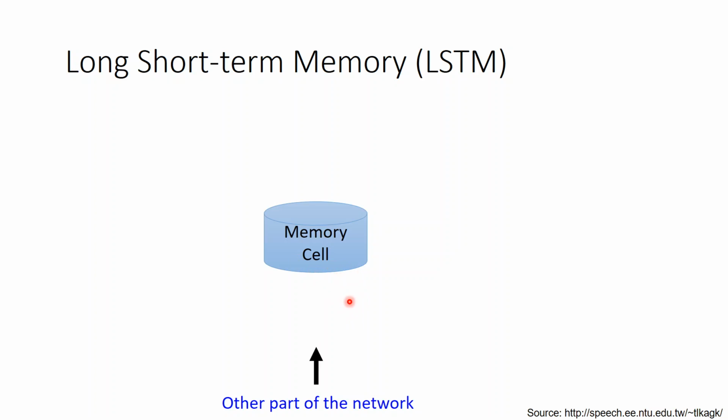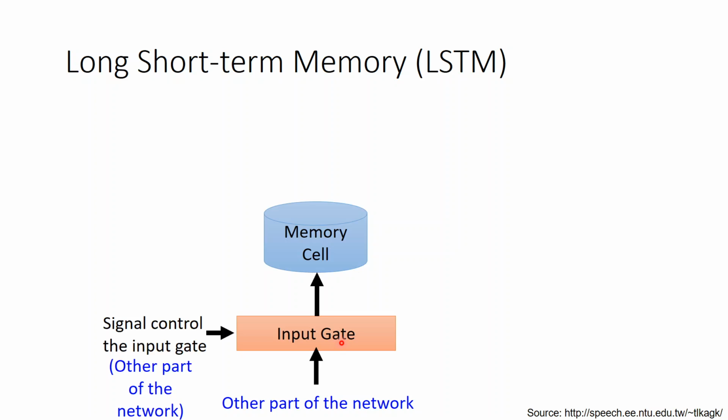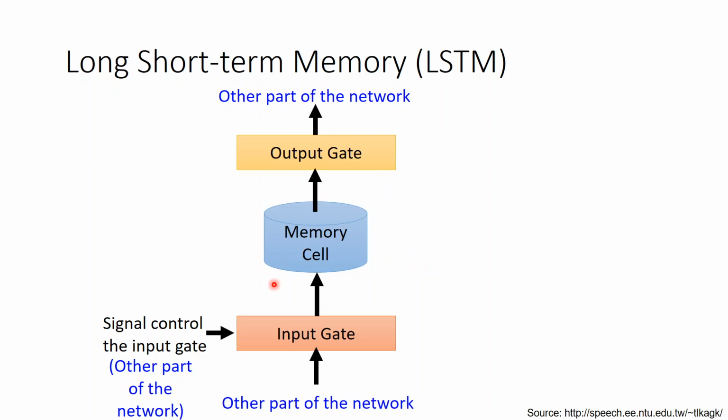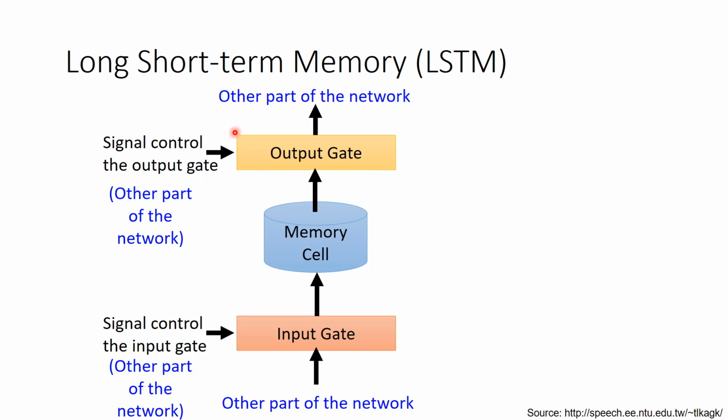This part is a part of the network, so its input may come from other parts of the network or from the input, and then it goes to the input gate, and the control signal for this gate may also come from another part. Then it will output to the other part or to the output, depending on which part it is. Then it goes to the output gate, and there is also a control signal for the output gate.